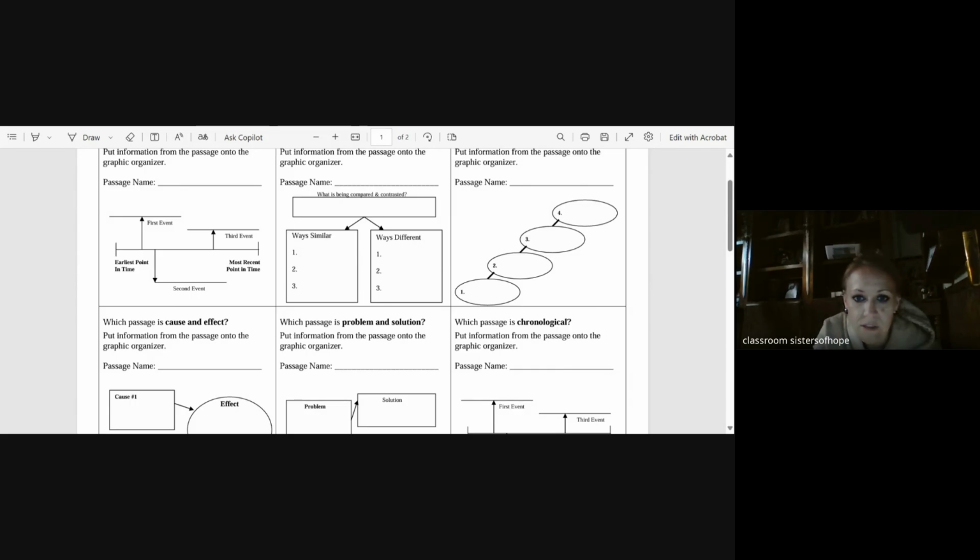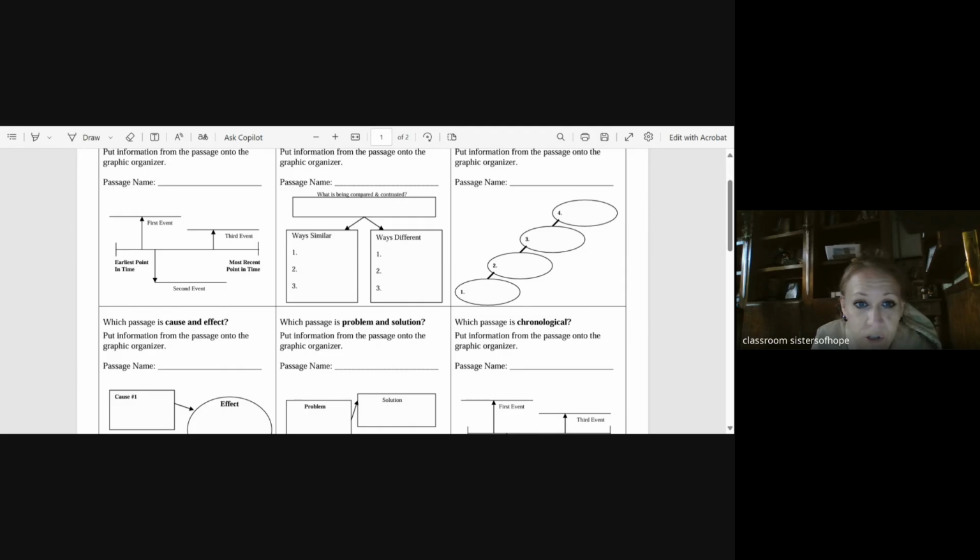Let's see if I can write on this one. Nope, it's not going to let me annotate it. Okay, so on that first blank up at the top left-hand corner, you would put whatever happens first. And then that second arrow where there's a blank at the bottom, you would put what happens second, and then what happens third on the other.